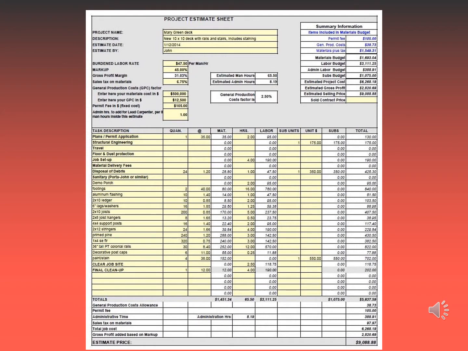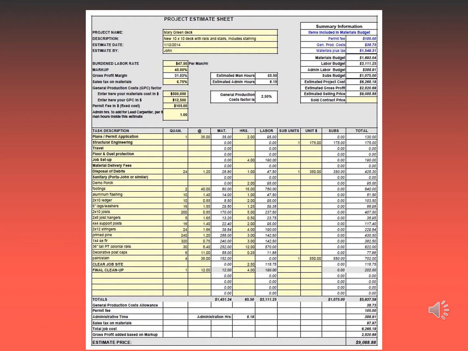Here is another example of an estimate sheet, but this one is filled out. And this one is different. It has a lot more detail. Looking at it, Mary Green wants a deck, 10 by 10 deck with rails and stairs, including staining of the deck. And they've got all kinds of detail here.